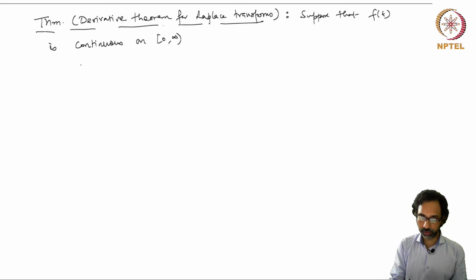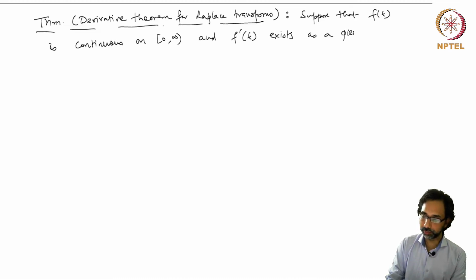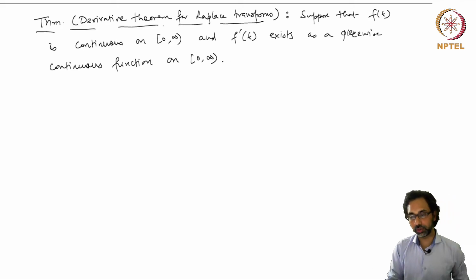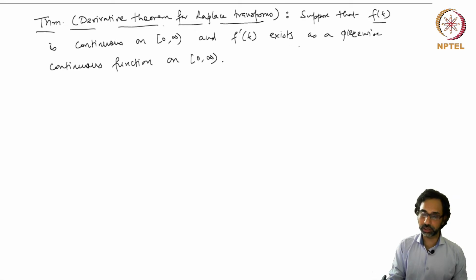So, we will assume that f t is continuous on the whole interval, and f prime t exists as a piecewise continuous function on 0 to infinity as well. So, first we suppose that f t is continuous, and we also suppose that the derivative itself is piecewise continuous on the whole interval 0 to infinity.